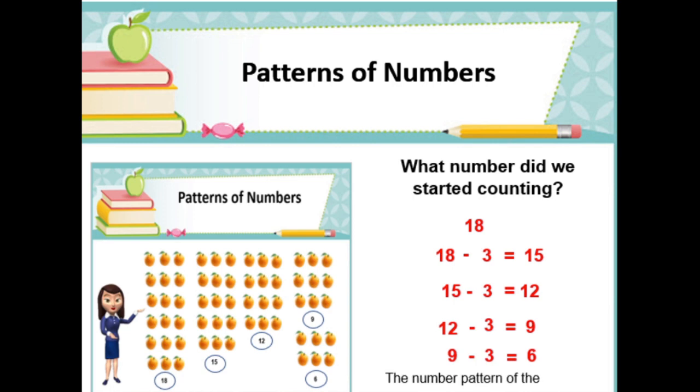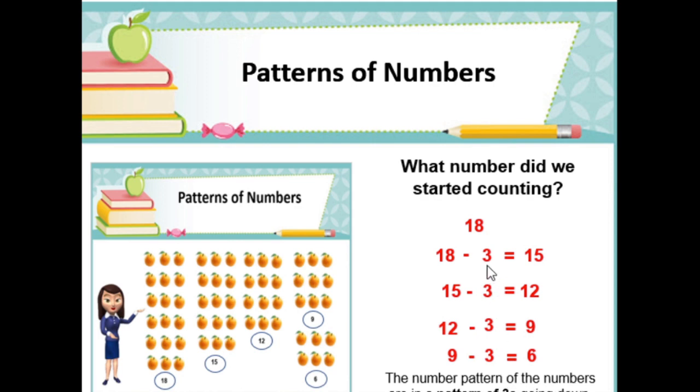The numbers are in a pattern of 3s this time. It's not 4, it's 3. The numbers are in a pattern of 3s going down. It's going down, not going up.